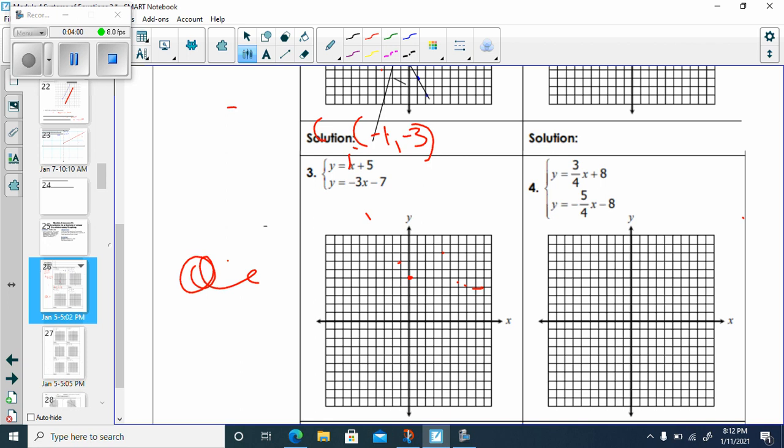Up 1 over 1, so that's a point there. Up 1 over 1, that's a point right there. Okay, and so I can put in my line. All right, now let's try this other one.